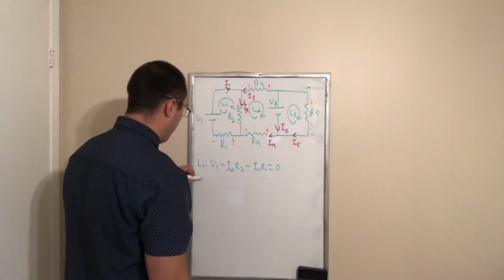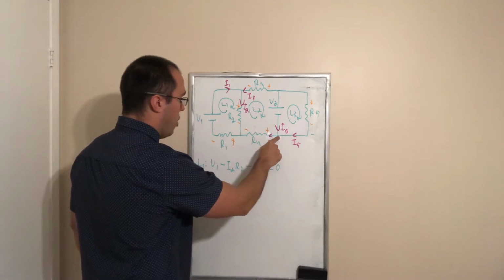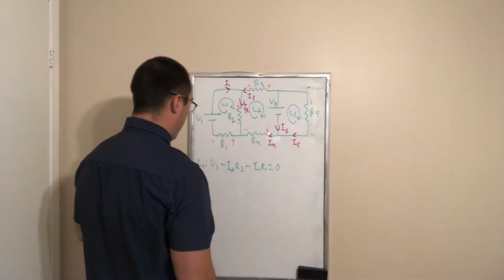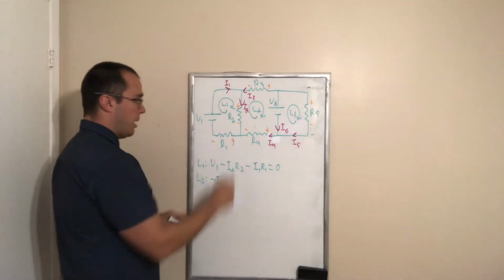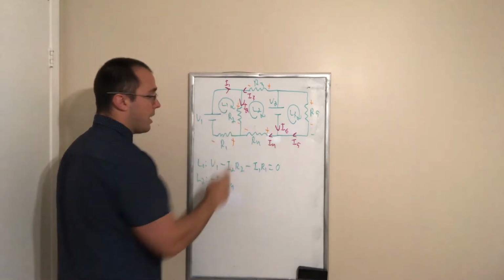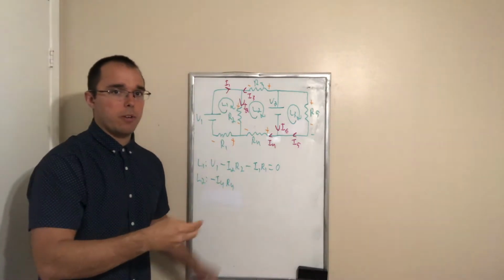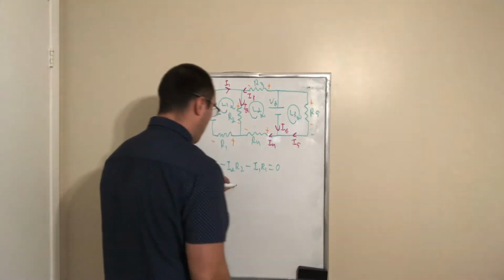Let's do the second loop. So the second loop, let's start over here actually. We are going in that direction, so minus I4 multiplied by R4. We are going now in that direction. Note, we're going the reverse way for the resistance. We're going from minus to positive, which means this one becomes positive instead.